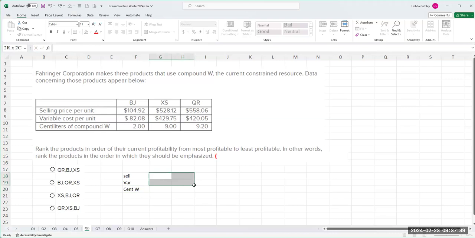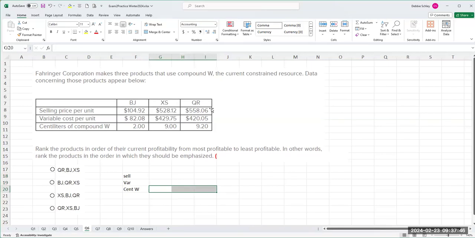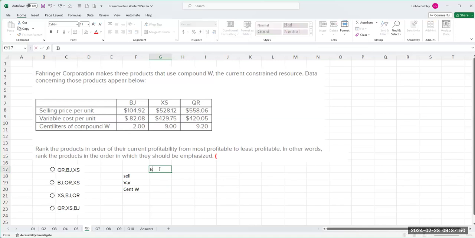Okay, so these are going to be dollars. These are going to be numbers. I have VJ, XS, QR, and then I'm just going to bring down all those numbers. 104, whoops, no typos, guys. 528, 12, 558, 6.